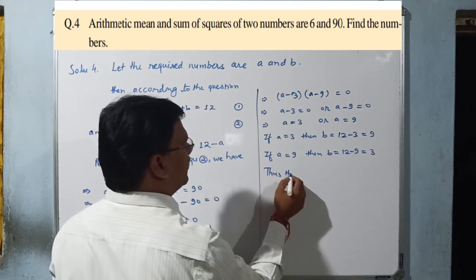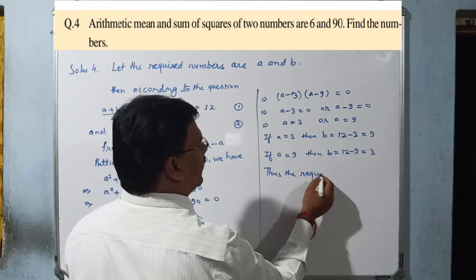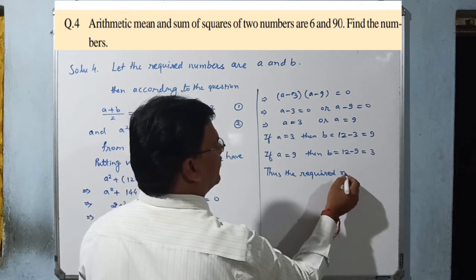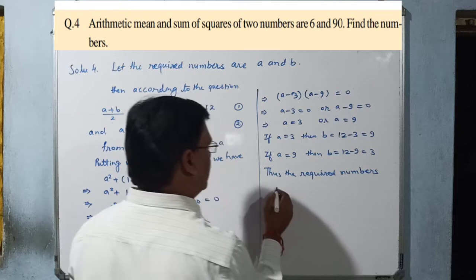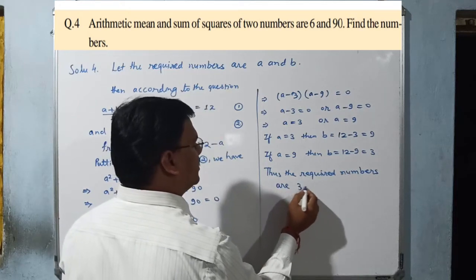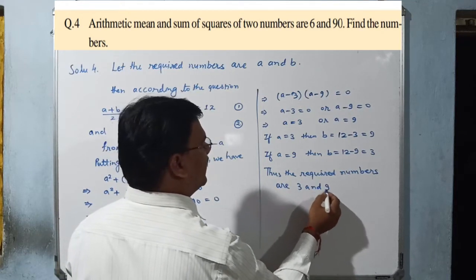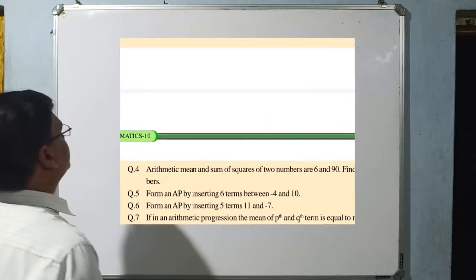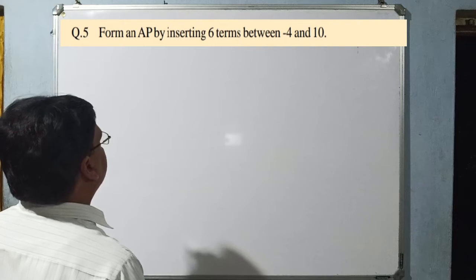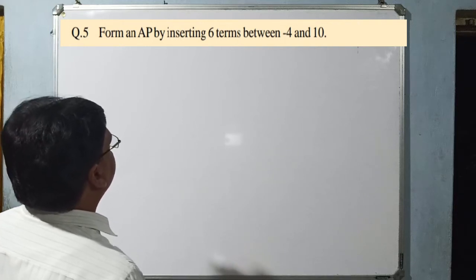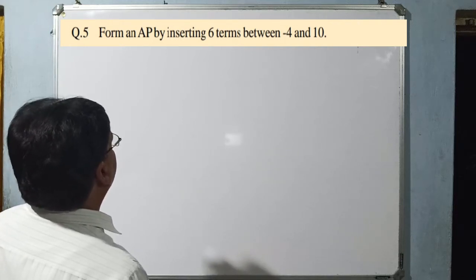Thus, the required numbers are 3 and 9. Question number 5. Form an arithmetic progression by inserting 6 terms between minus 4 and 10.